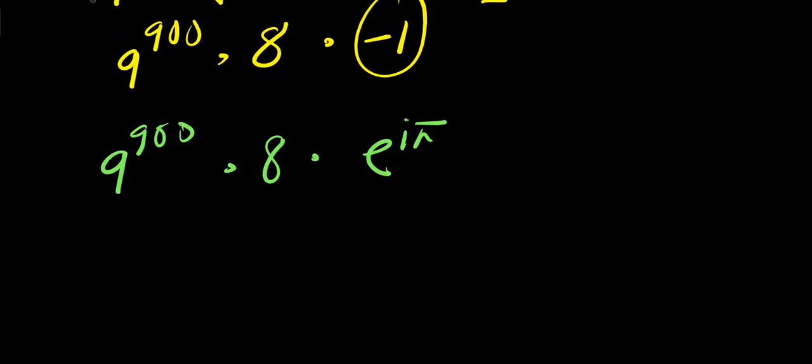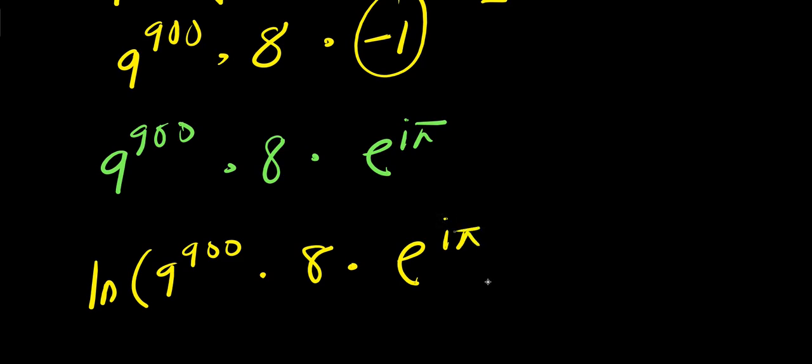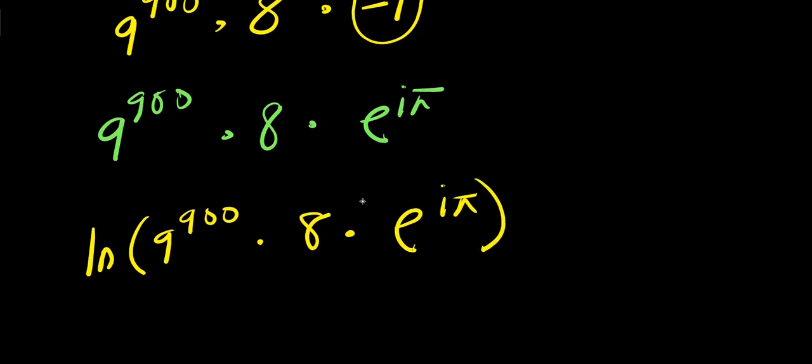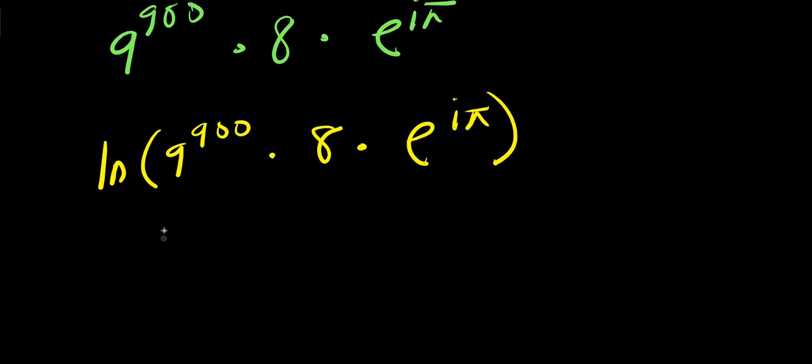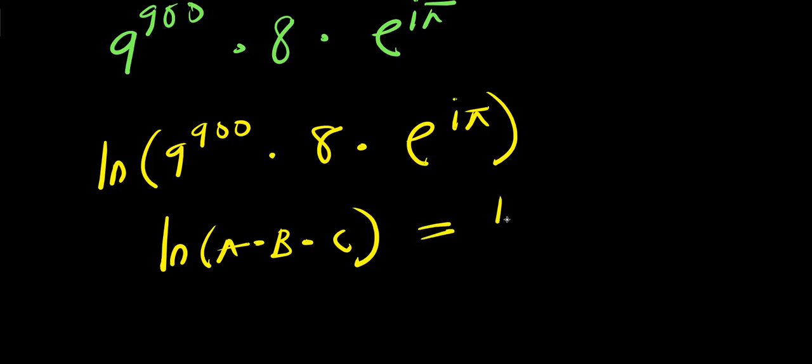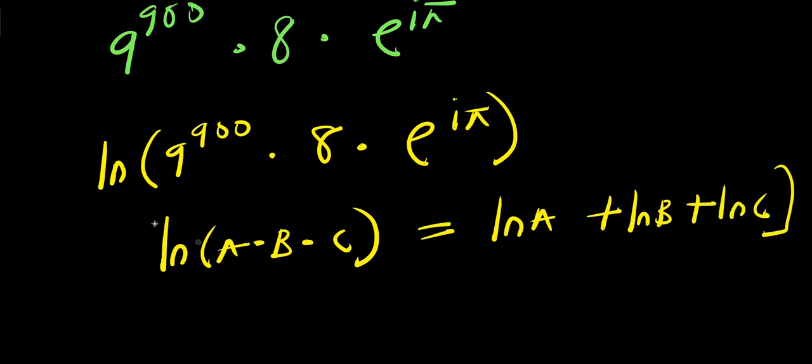Now, what I'm going to do will be to apply natural log. I have natural log of 9 power 900 times 8 times e power i times pi. Now, if you have natural log of a times b times c, this equals natural log of a plus natural log of b plus natural log of c.